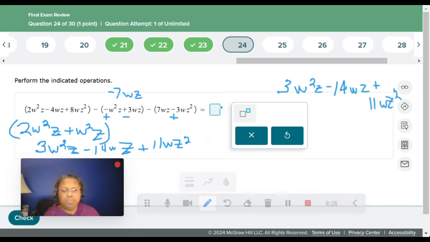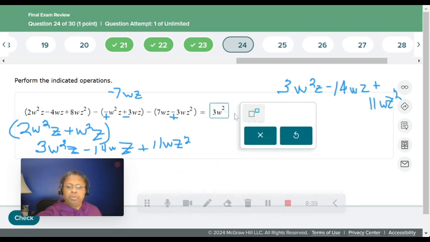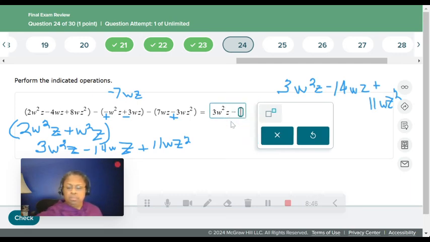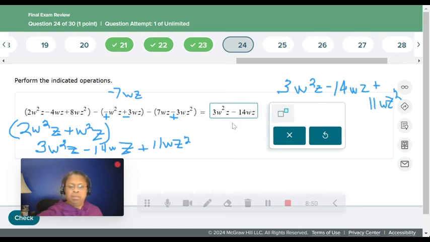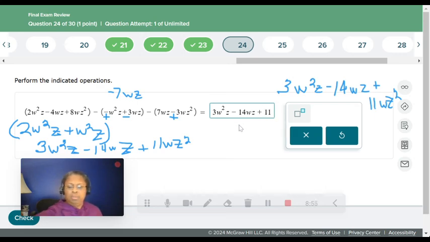Okay, here's what I'm going to do. Let's go ahead and just put the answer in there. Squared Z minus 14WZ plus 11WZ.